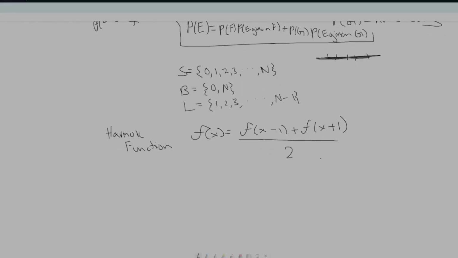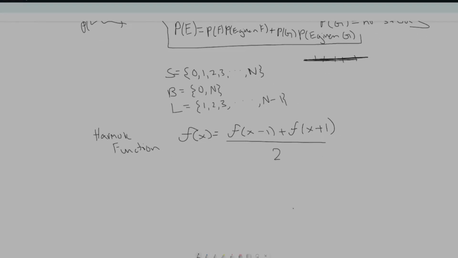And the cool thing about these harmonic functions is that they bring us to the question of what the Dirichlet problems are.